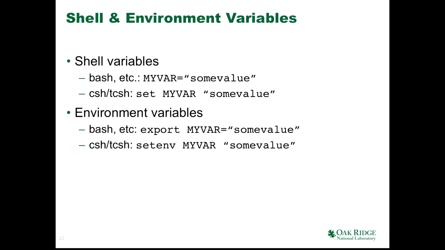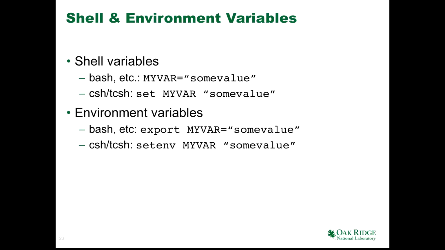When you're setting shell variables in bash, you simply say the name equals the value. For C shell and TC shell, you use the set command. So set variable name, and there's no equal sign, then you just give it the value. For environment variables, it's a slightly different command.